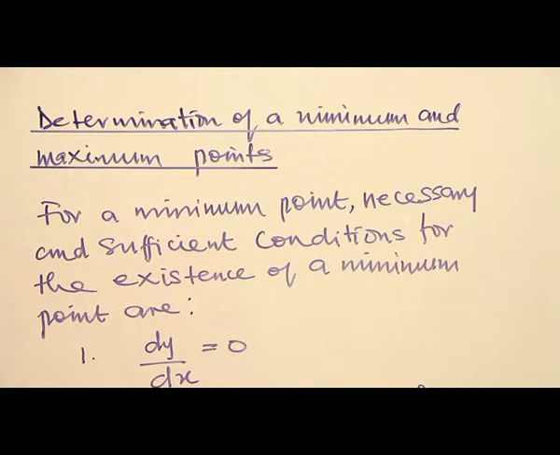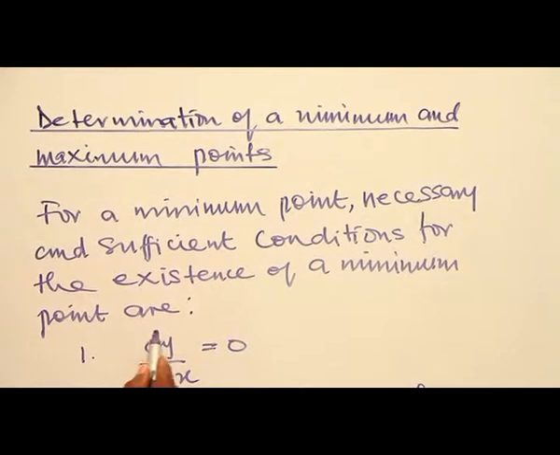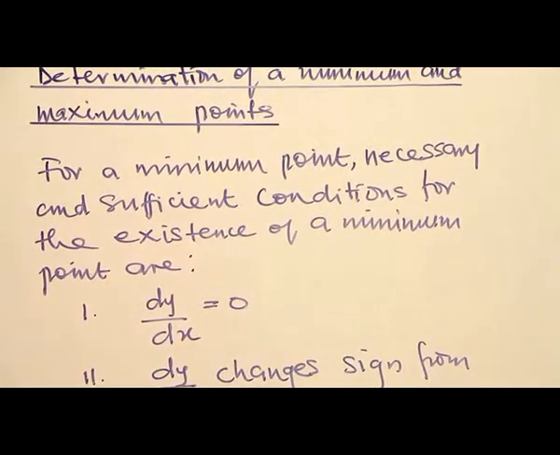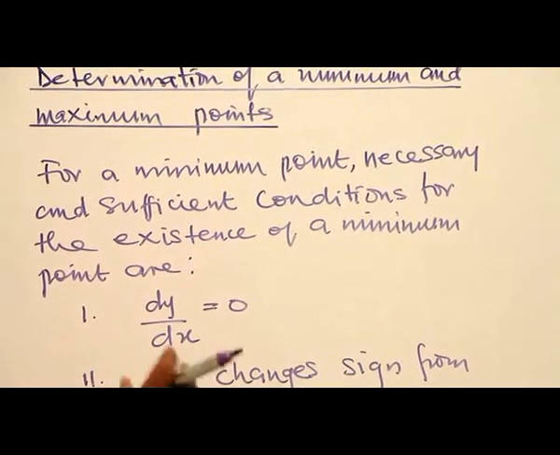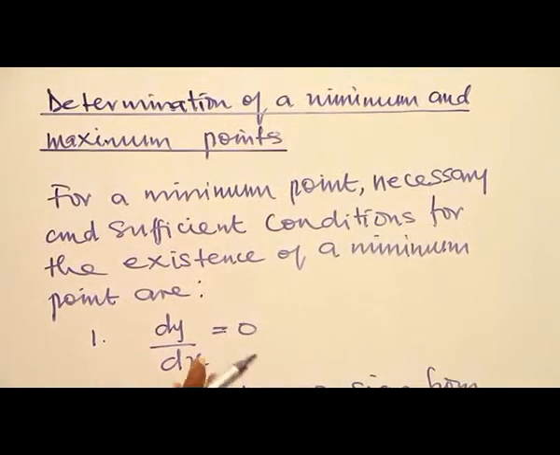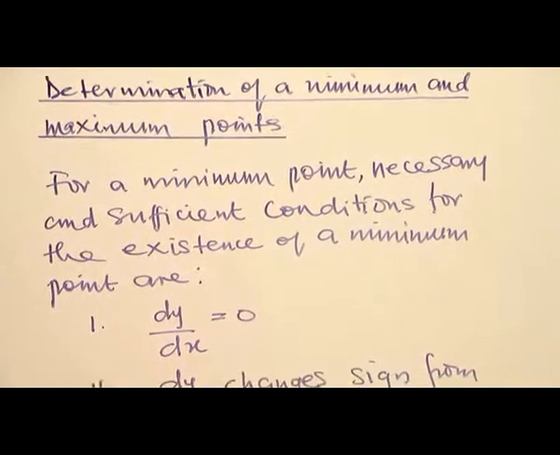We say that for a minimal point, the necessary and sufficient conditions for its existence are: 1. dy over dx must be equal to 0. In other words, you differentiate the given function and equate the derivative to 0. 2.